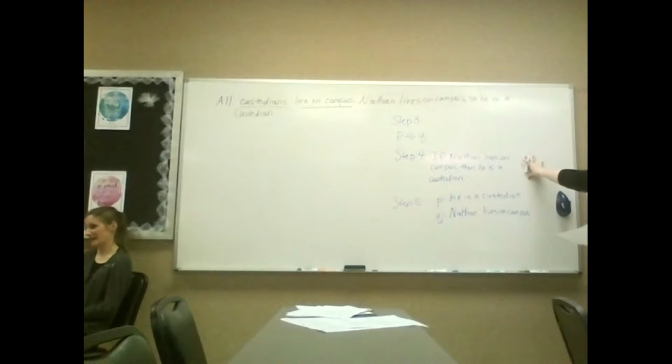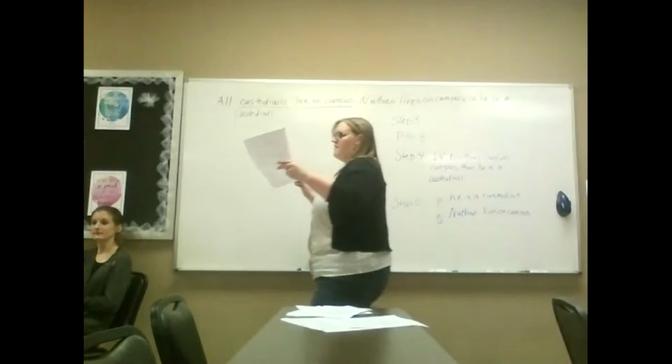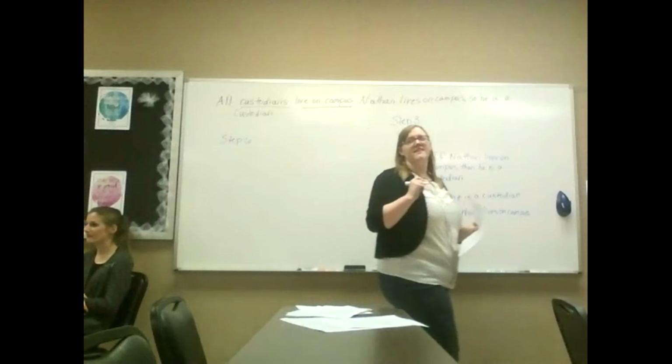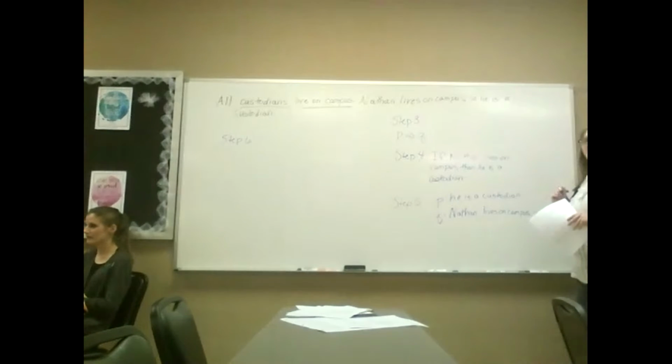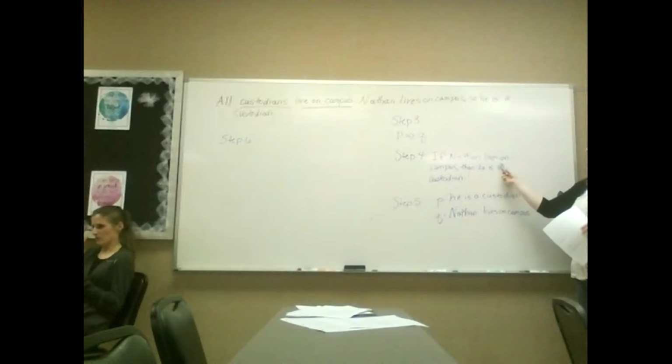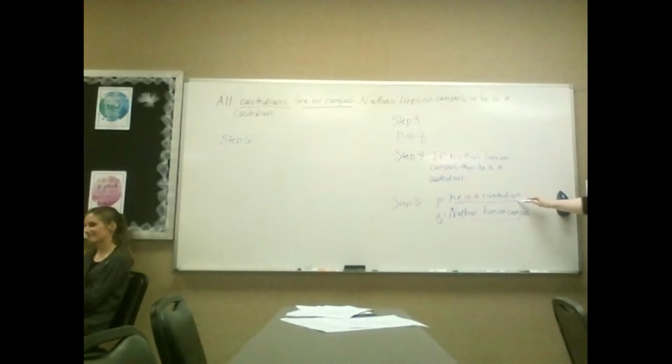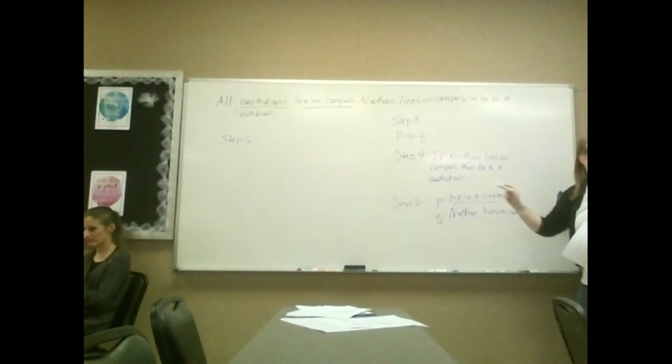So Q implies P, because we say if Nathan lives on campus, and Nathan lives on campus we decided was Q, then he is a custodian. And P is the he is a custodian part. So Q implies P.